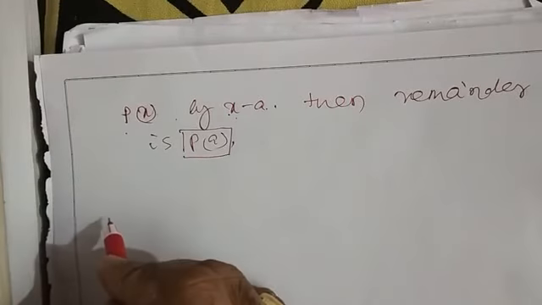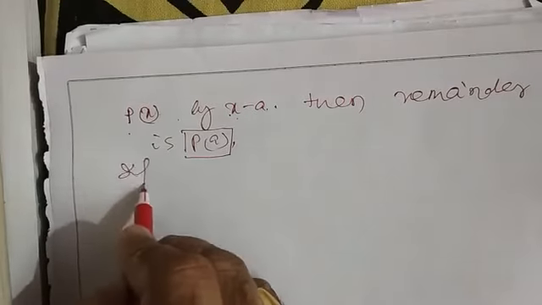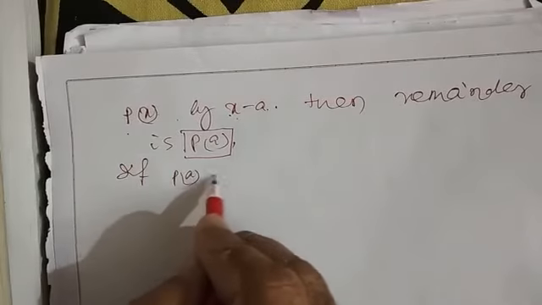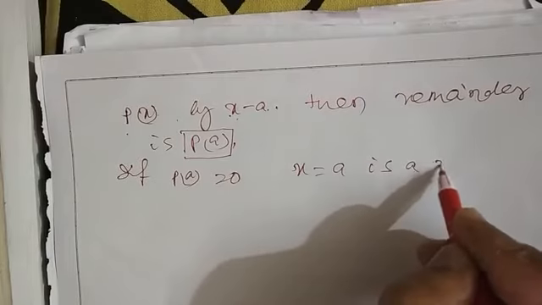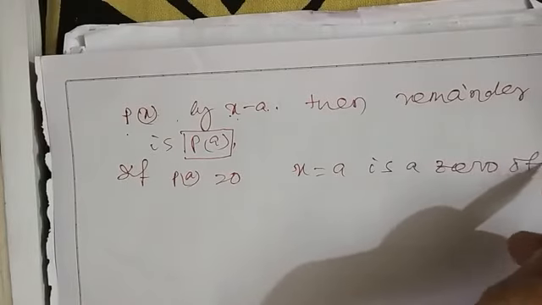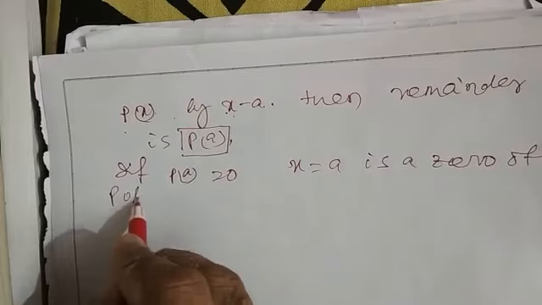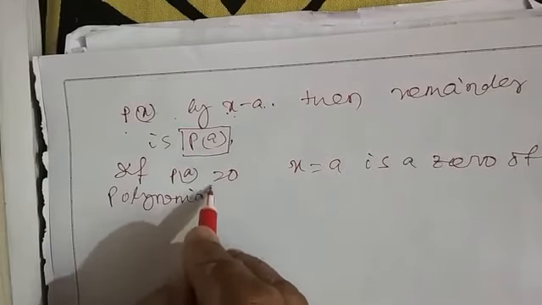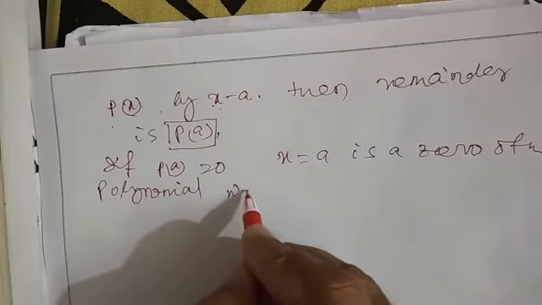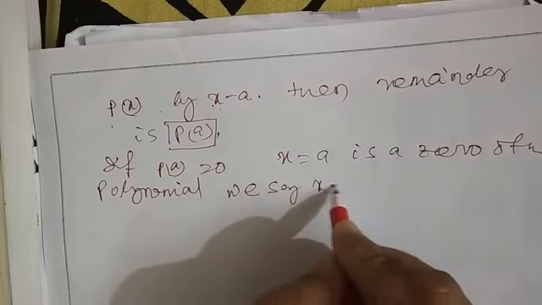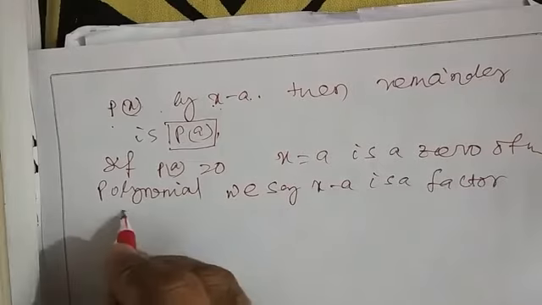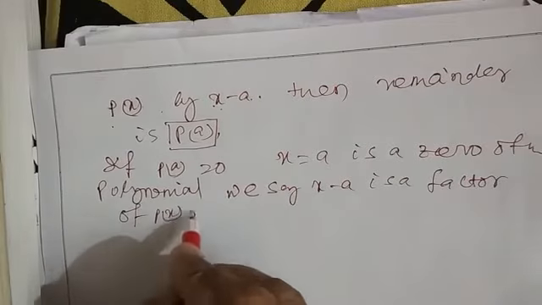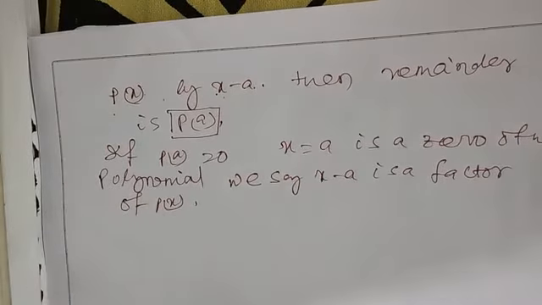So, from this it is clear, if in case p(a) is 0, so x equal to a is a zero of the polynomial. In that situation, we say x minus a is a factor of p(x). Okay? X minus a is a factor of p(x).